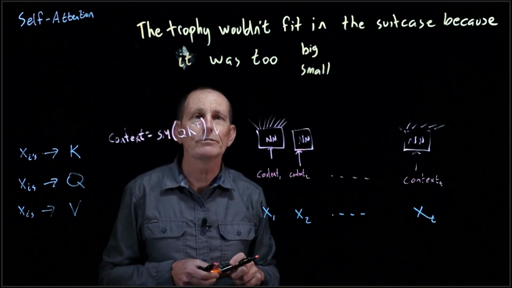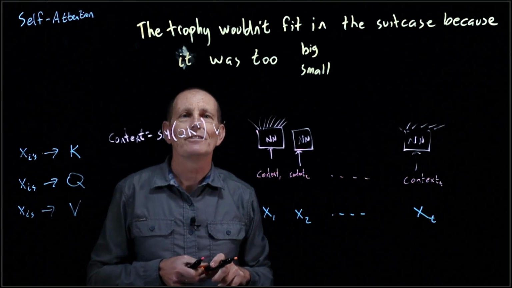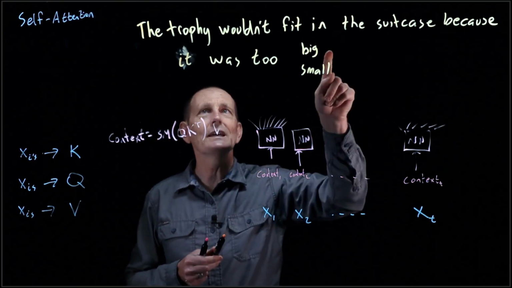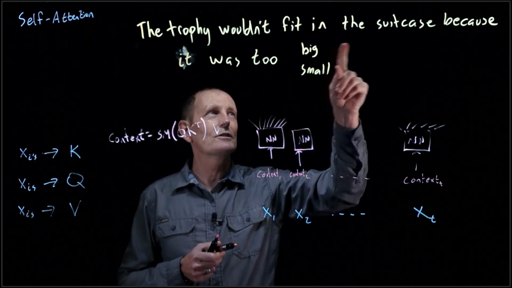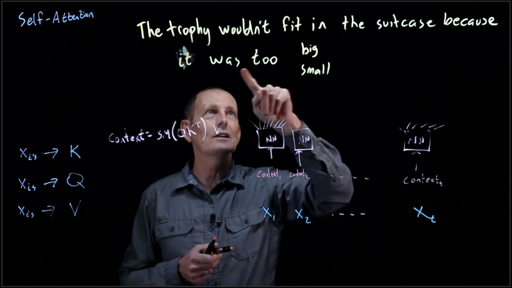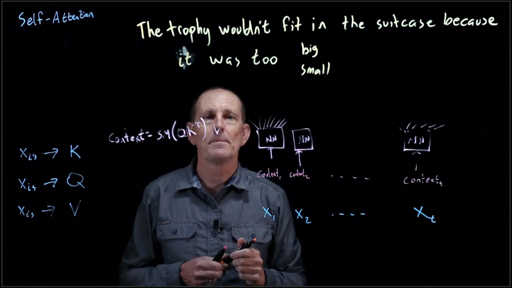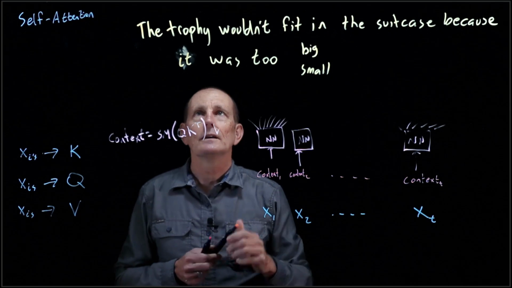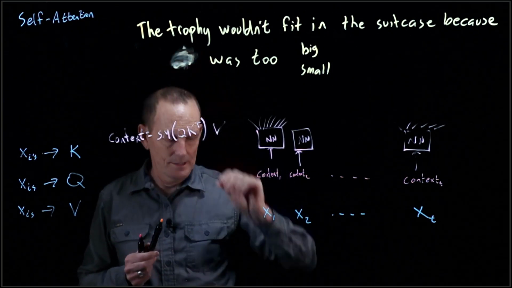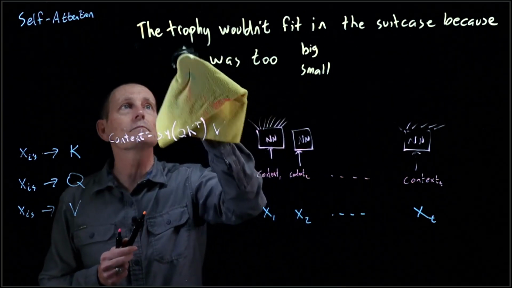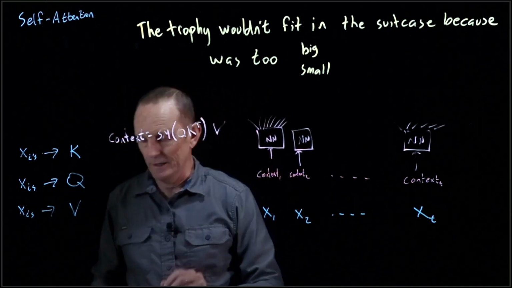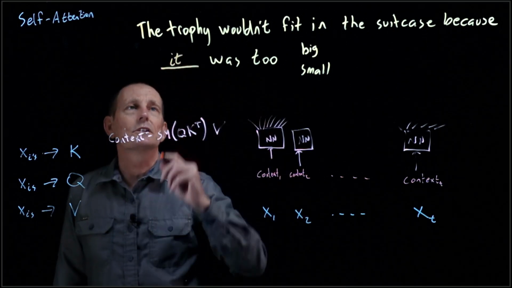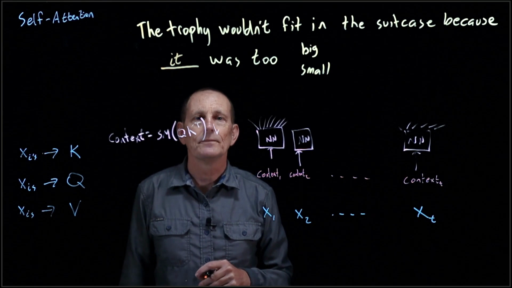Is it referring to the trophy? Well, if the trophy wouldn't fit the suitcase because it was too big, it refers to the trophy. But if the trophy wouldn't fit the suitcase because it was too small, it refers to the suitcase. If we're trying to, let's say, generate a missing word here, our missing word is going to be it, and that's fine.